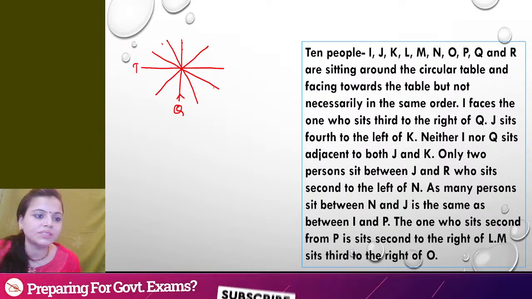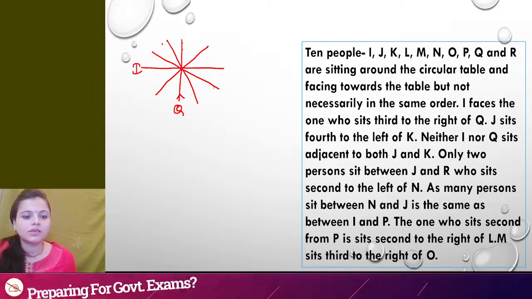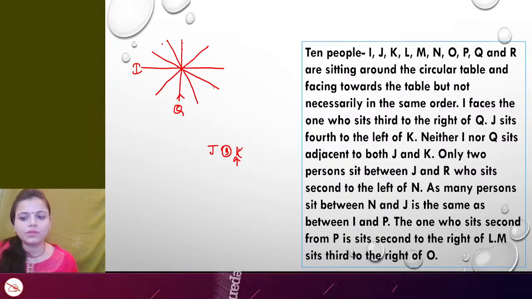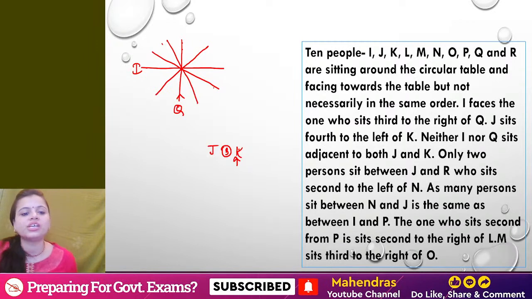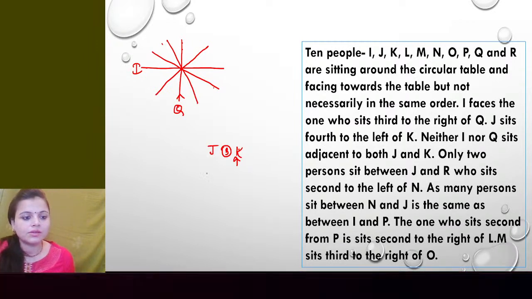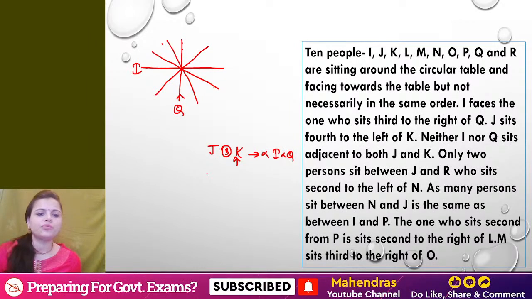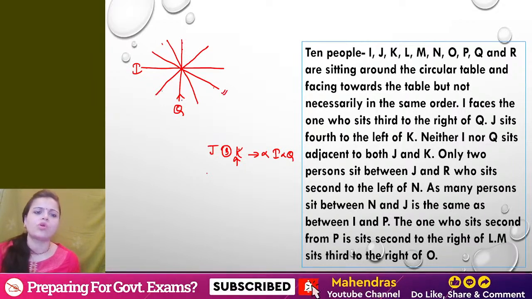J sits fourth to the left of K. Neither I nor Q is adjacent to both J and K. That means if you put K in this place, then 1, 2, 3, 4, not possible.